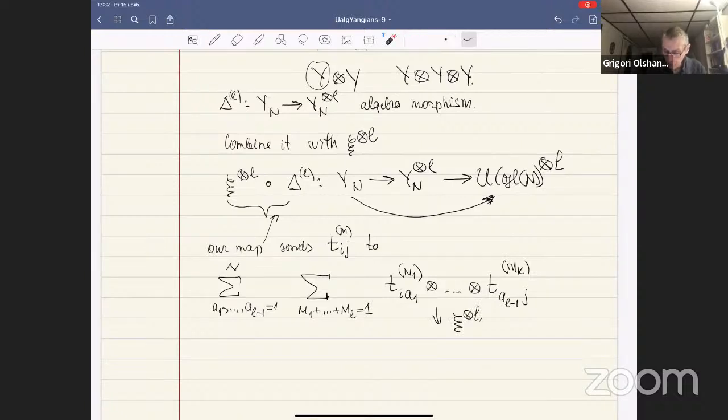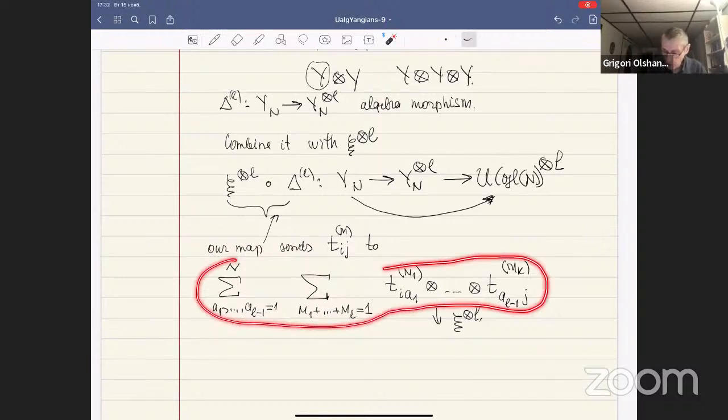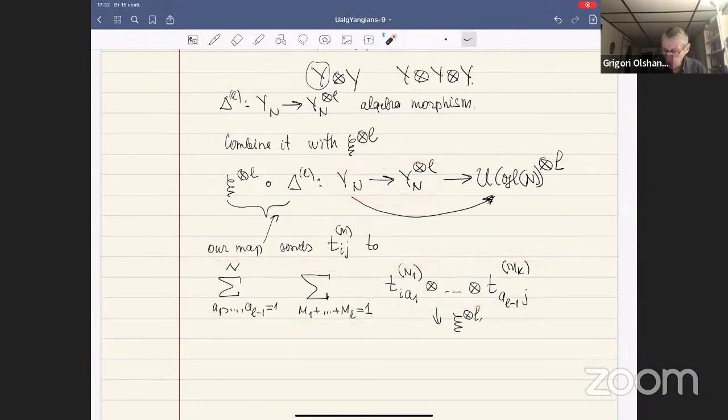I wrote this line corresponds simply to this intermediate step. But next we have to apply this arrow. But when we apply this arrow, some terms are killed, because if one upper index is at least 2, it is killed.